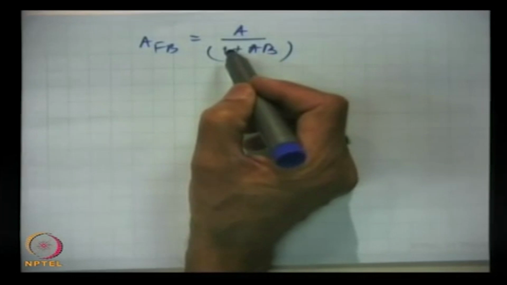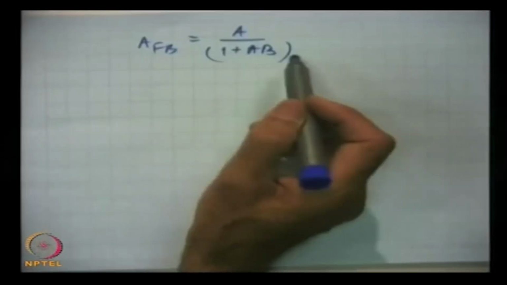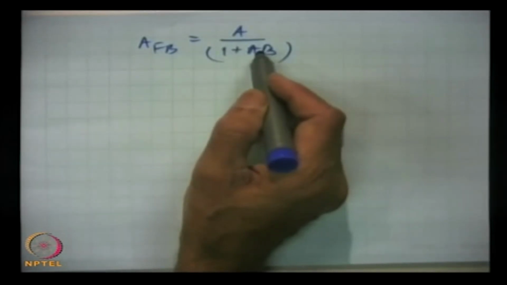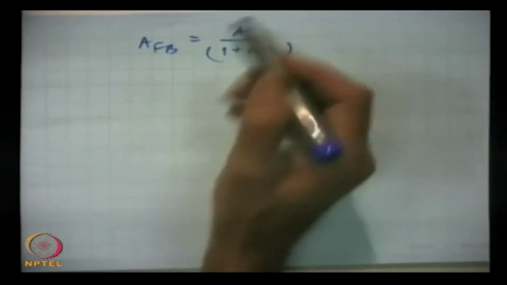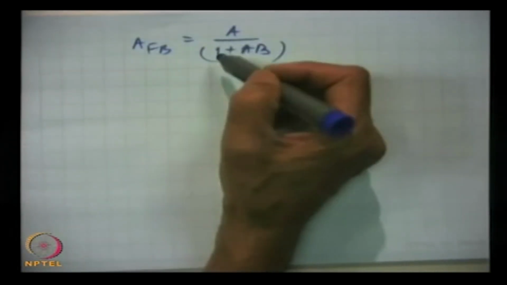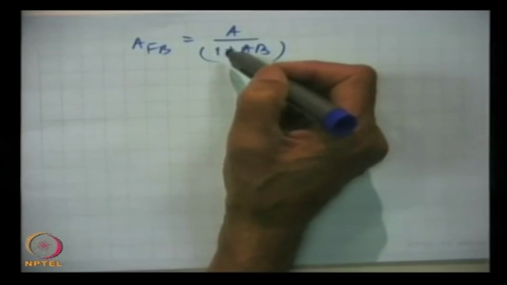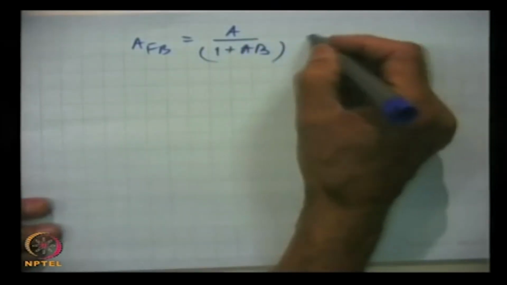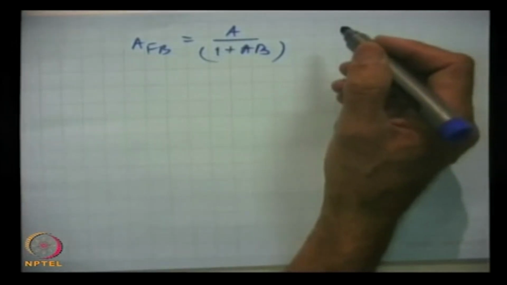The gain of the non-inverting op-amp with feedback is much reduced. It is reduced by this factor 1 plus AB, and this factor may be 100. So the gain will fall by 100, 10 to the power 5 by 100, or even 1000. So if this factor is 1000, the gain will be just 100, maybe less.